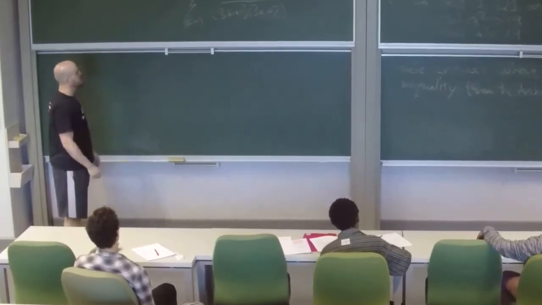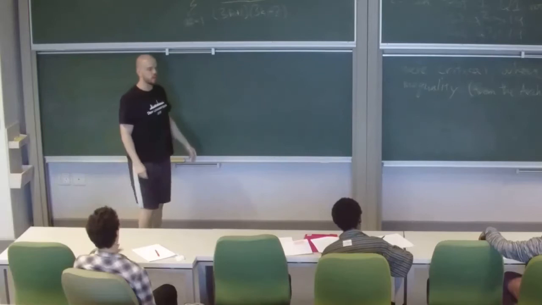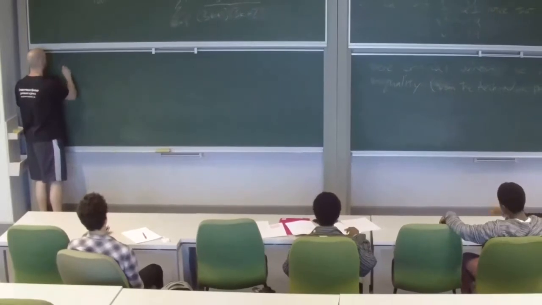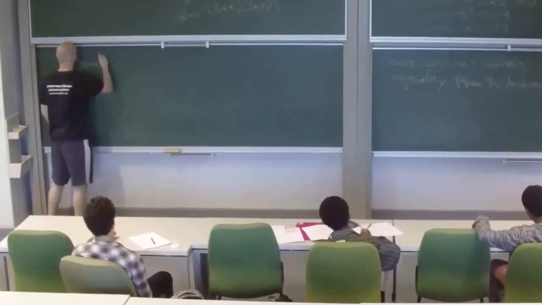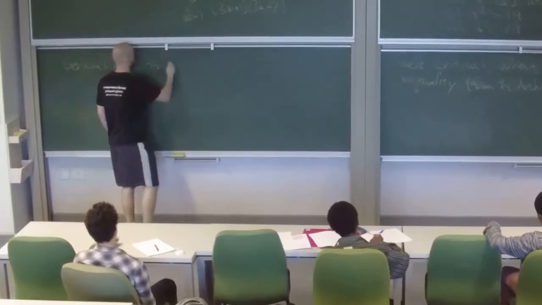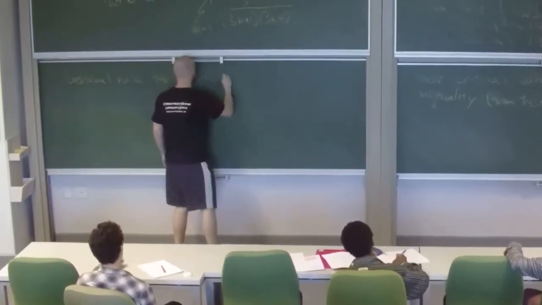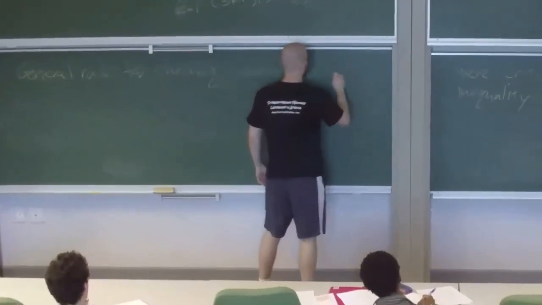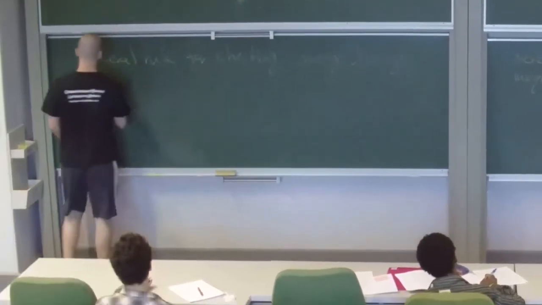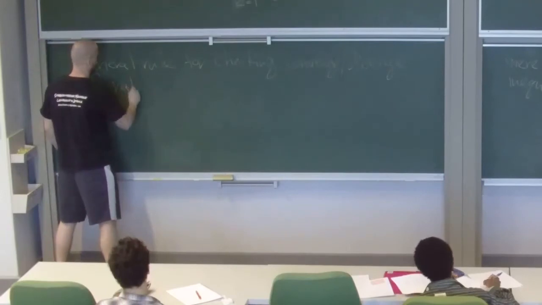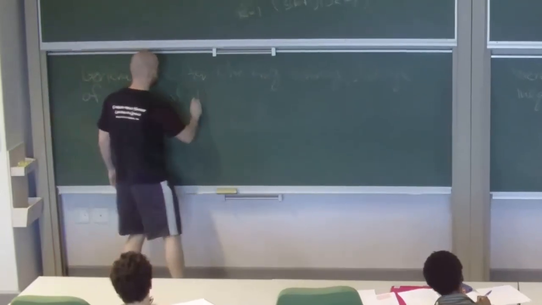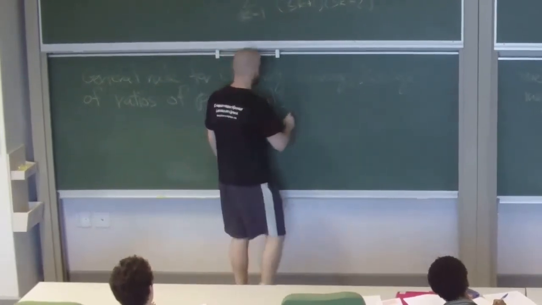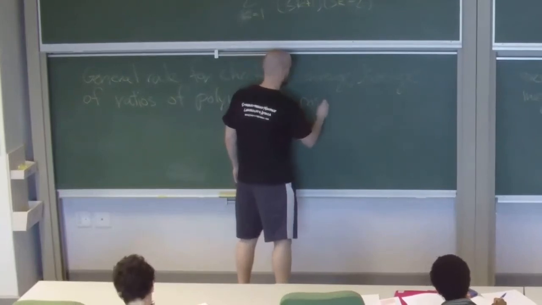Well, I guess this is going to show up later in all the questions we're going to do, but we'll say, so general rule for checking converge / diverge of ratios of polynomials, possibly involving roots.